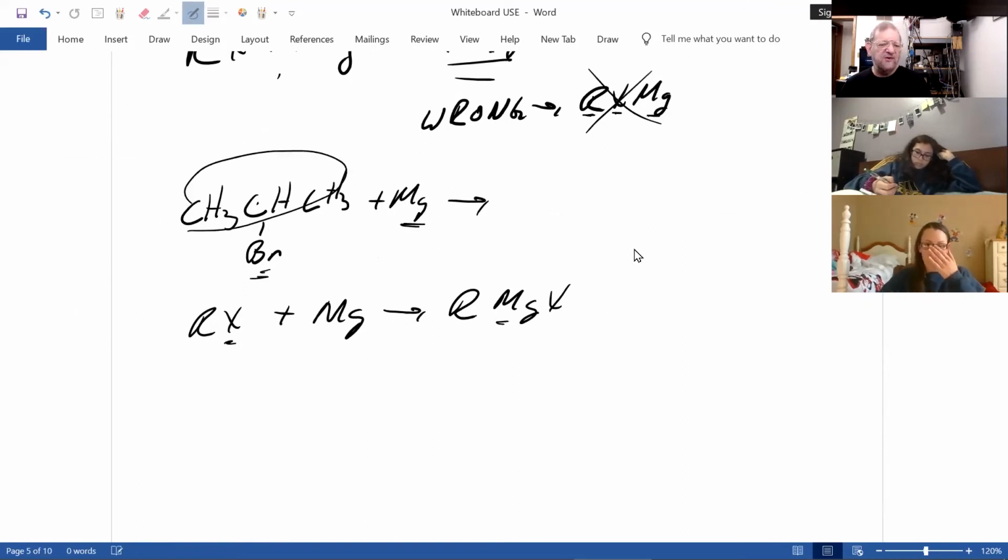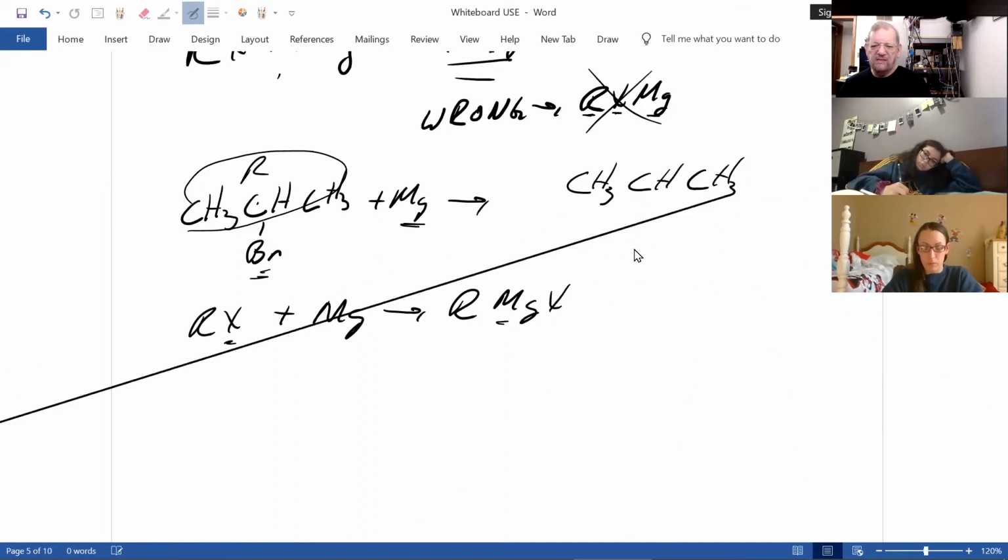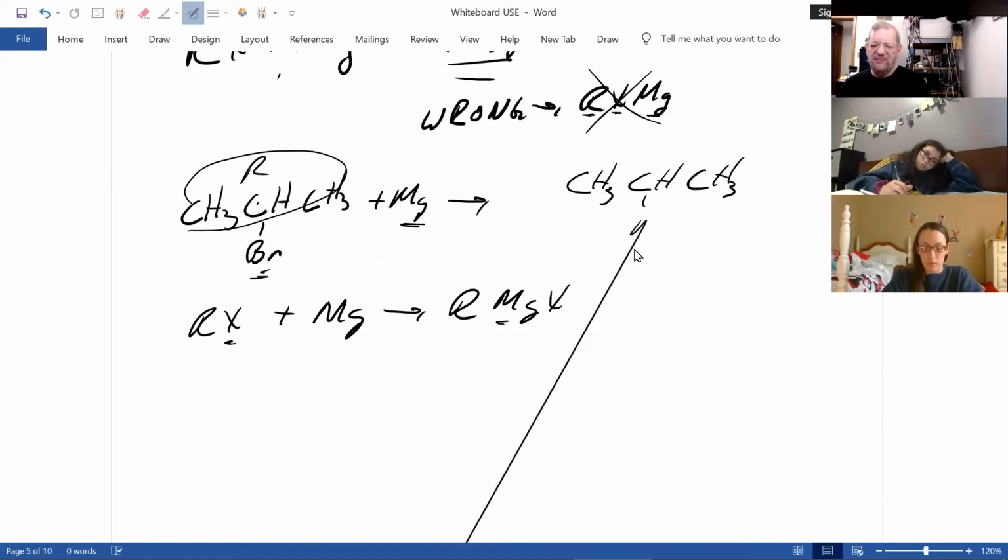So if we look here, what's our isopropyl? And that will have the magnesium, and attached to that is the bromine. And that's a Grignard reagent.